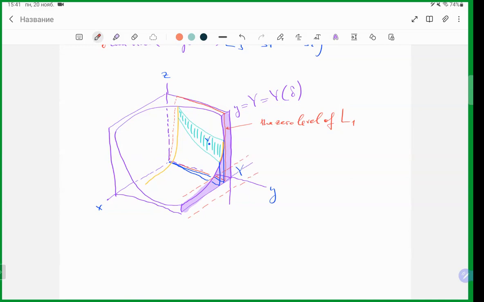So the zero level of L3 will be somewhere, say, here or here, maybe. It doesn't matter.